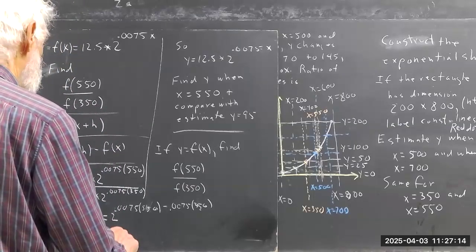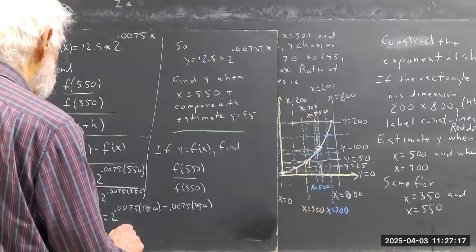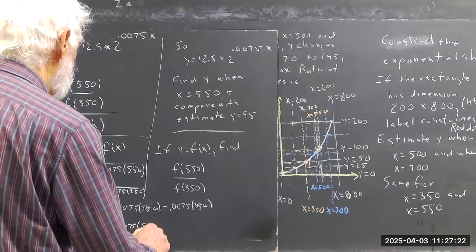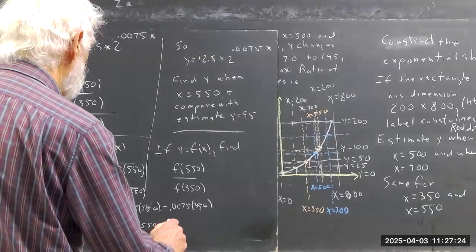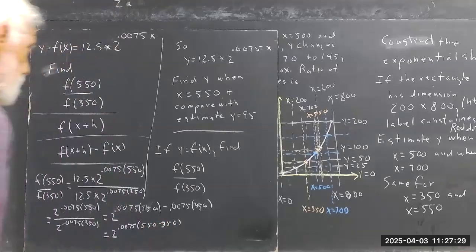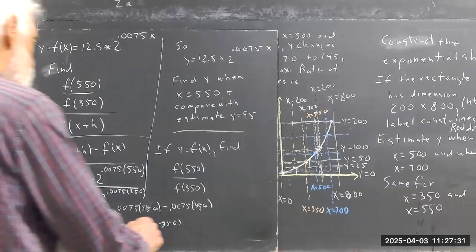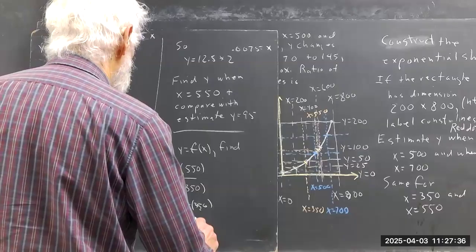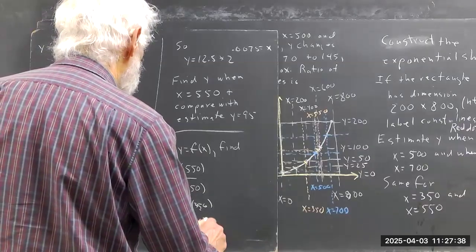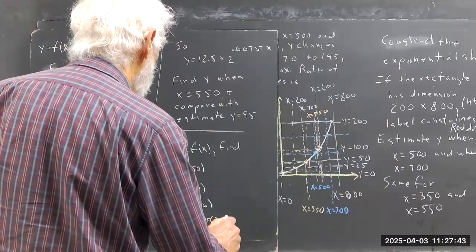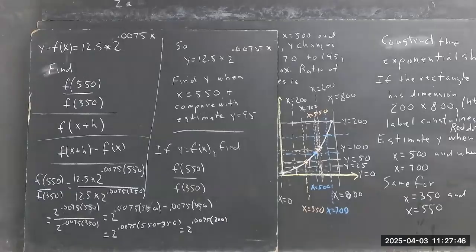This is 2 to the 0.0075 times 550 minus 350, which equals 2 to the 0.0075 times 200.